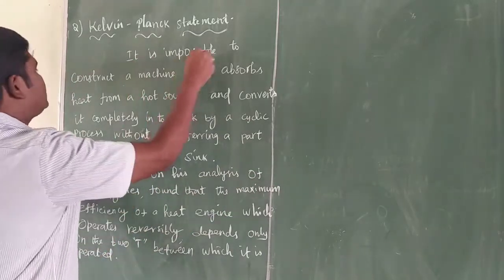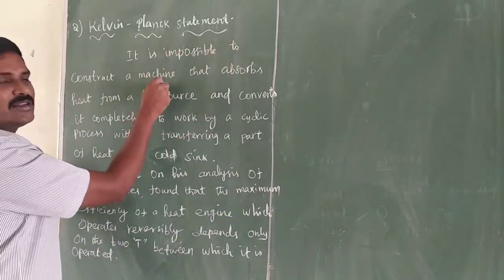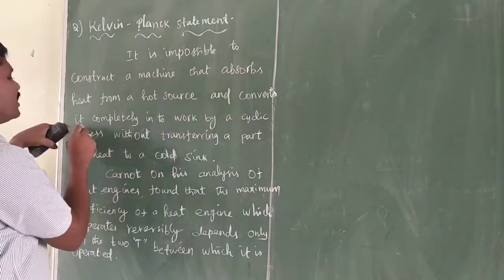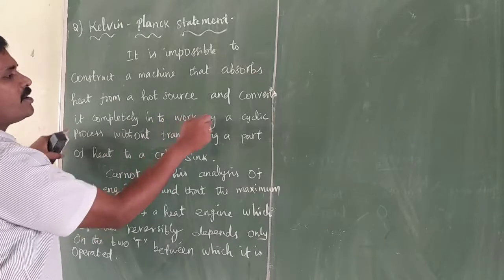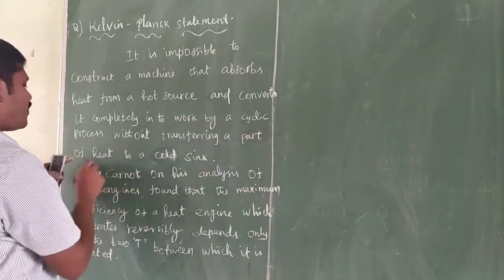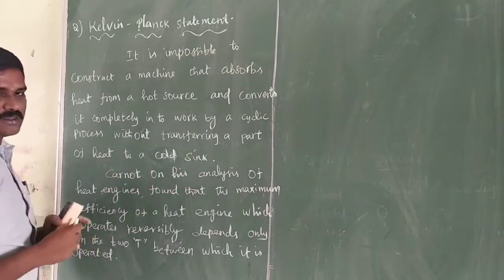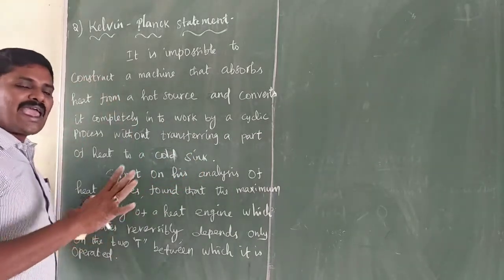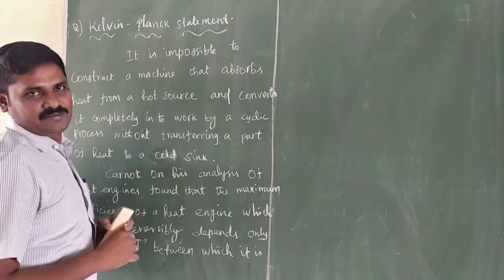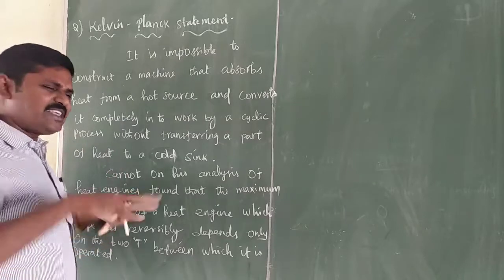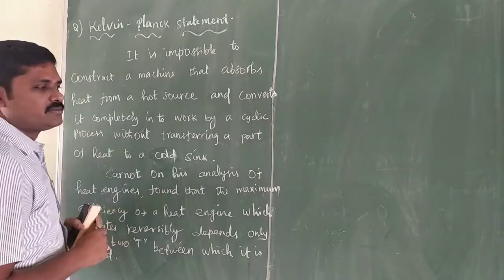So it is impossible to construct a machine that absorbs heat from a hot source and converts it completely into work by a cyclic process without transferring a part of heat to a cold sink. The efficiency of a machine can never be 100%.